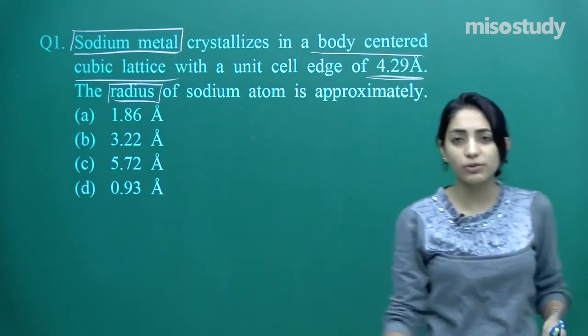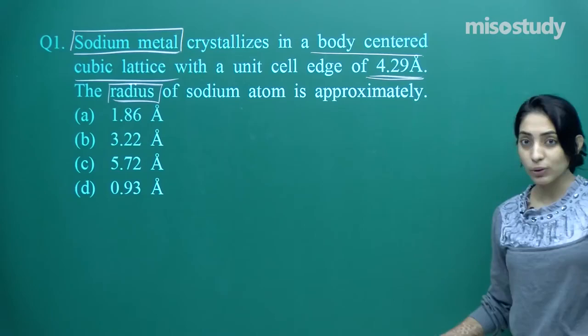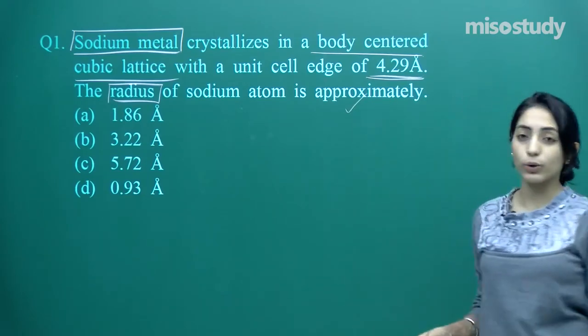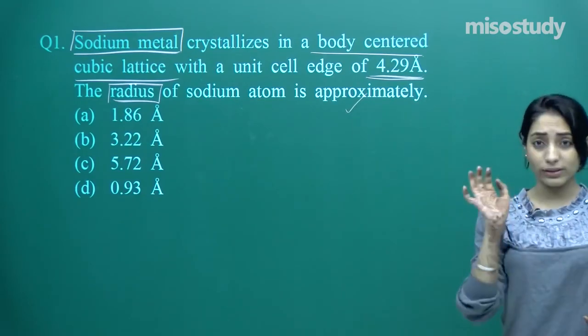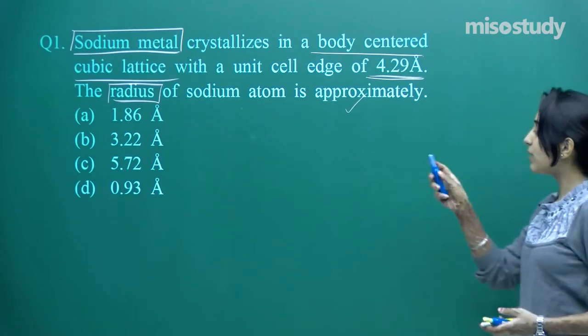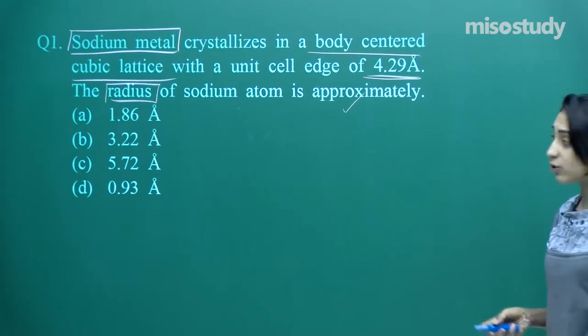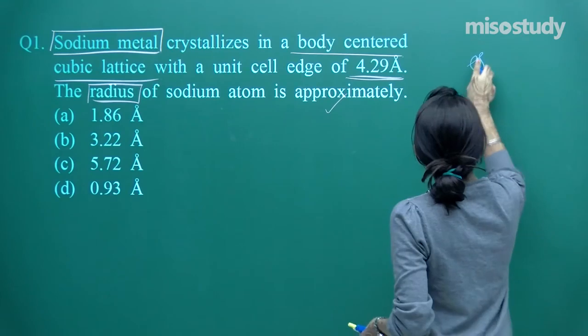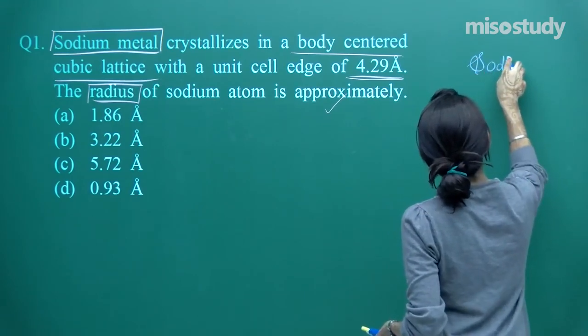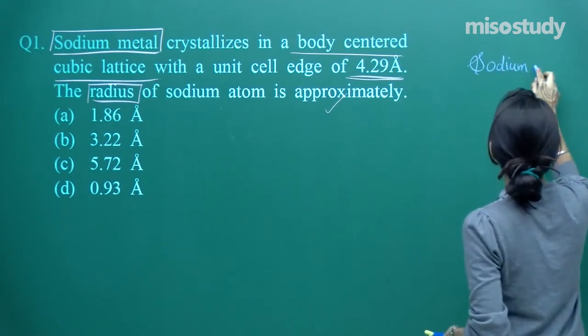These are the four options which are given to you. We just need to consider the radius of the sodium atom, as an approximate value. So let me write down how the solution is to be done. First of all, he has mentioned only sodium metal.